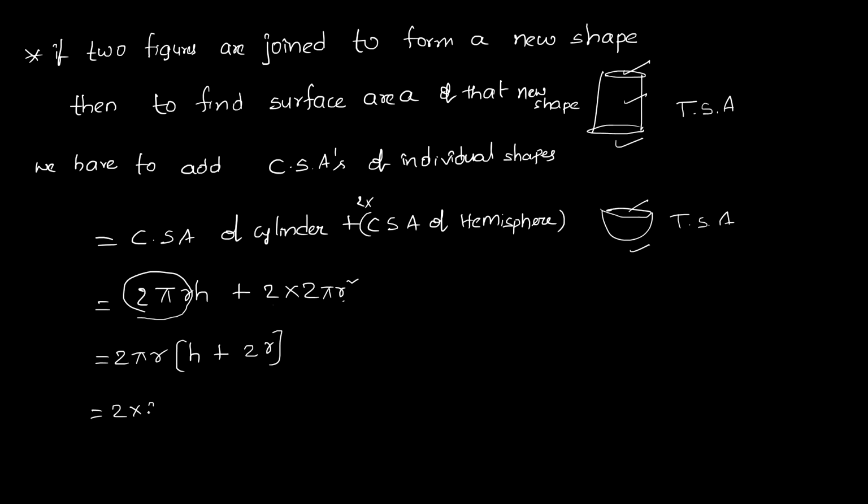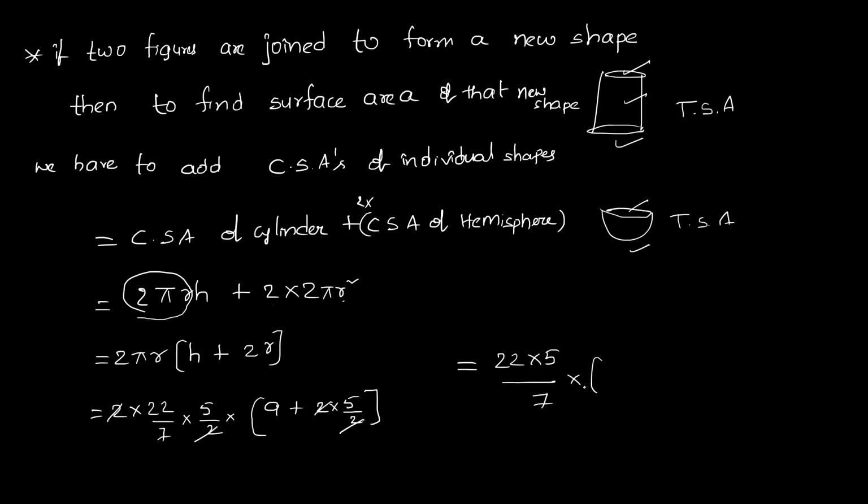So 2 into 22/7 into radius 5/2, into h that is 9 plus 2 into 5/2. సో ఈ 2 క్యాన్సిల్, ఇక్కడ 2 క్యాన్సిల్. సో మనకేం మిగులుతుంది 22 into 5/7 into 9 plus 5, that is 14. 7 2s are 14, 22 into 5 2s are 10. 22 into 10 is 220 centimeter square.